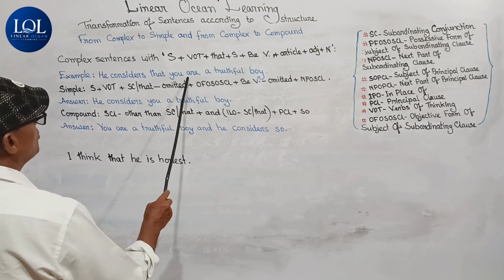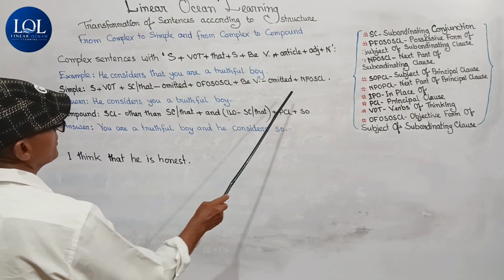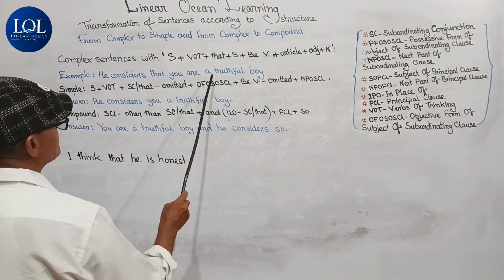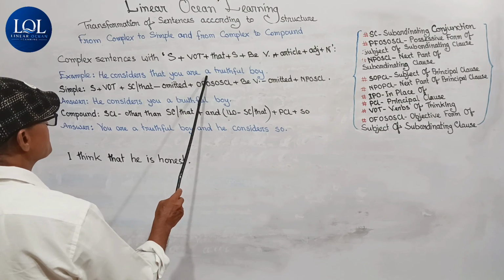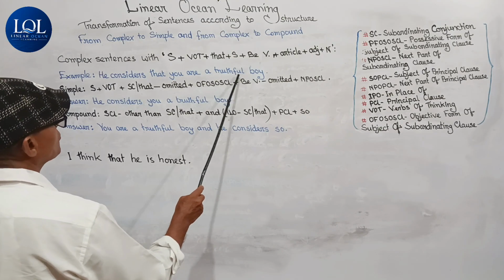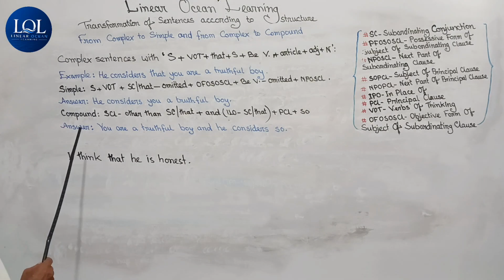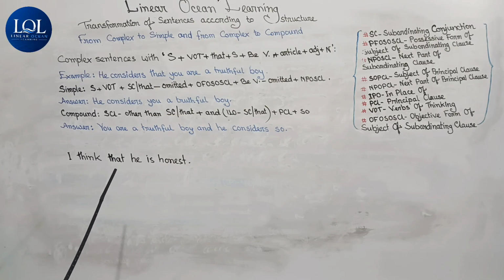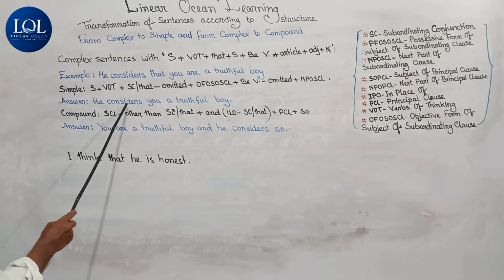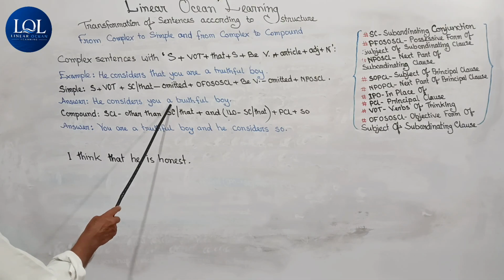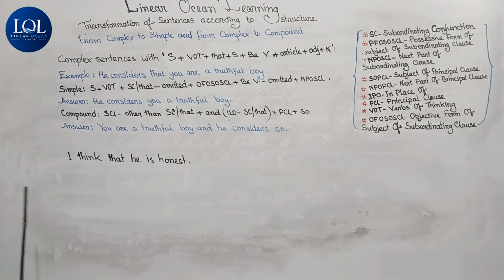Here there will be no be verb, plus NPOSCl, the next part of the subordinating clause. Here the next part of the subordinating clause is a truthful boy. Then the simple sentence we get if we follow the structure is: he considers you a truthful boy.